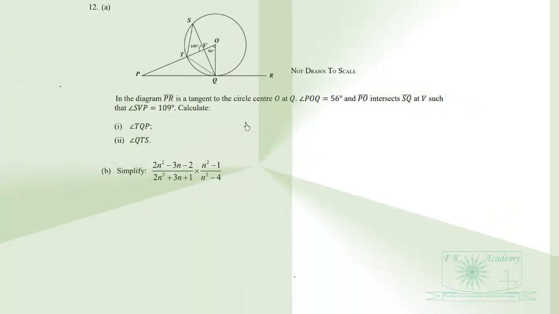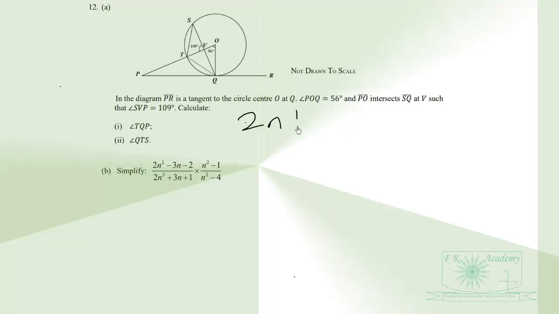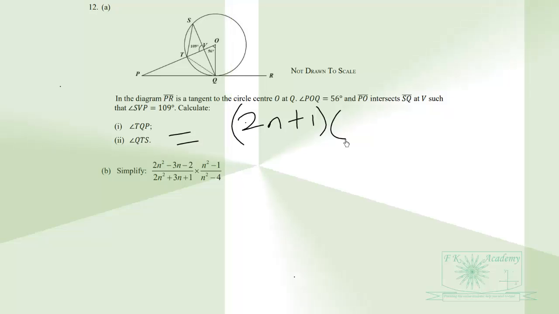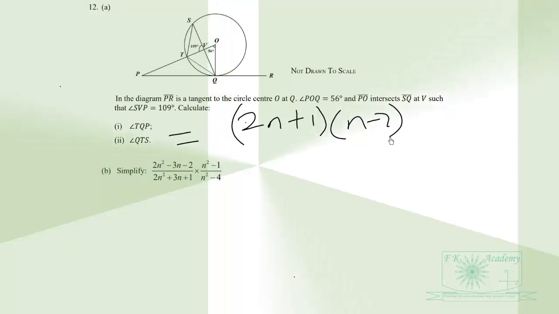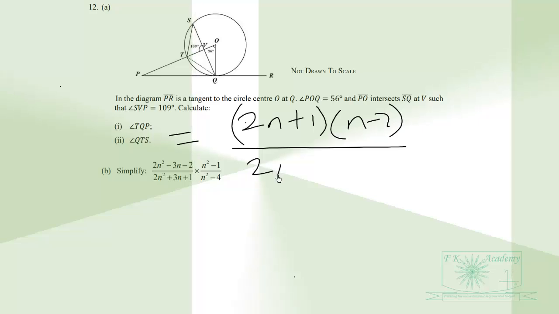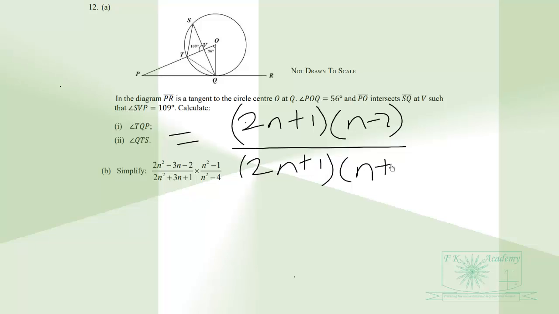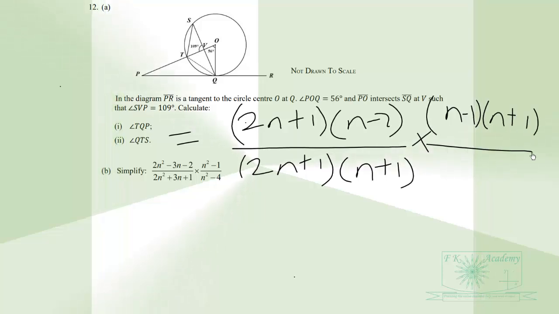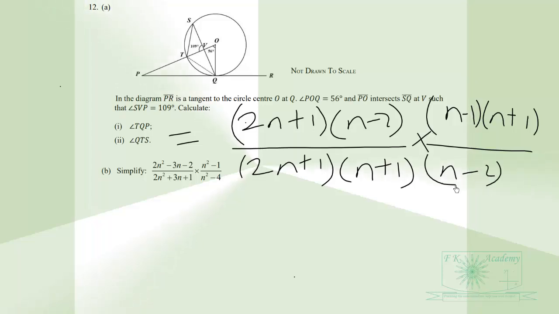Let us factor further to get 2n plus 1 into n minus 2, all over 2n plus 1 into n plus 1. Then times the difference of 2 squares gave us n minus 1 into n plus 1, over n minus 2 into n plus 2.